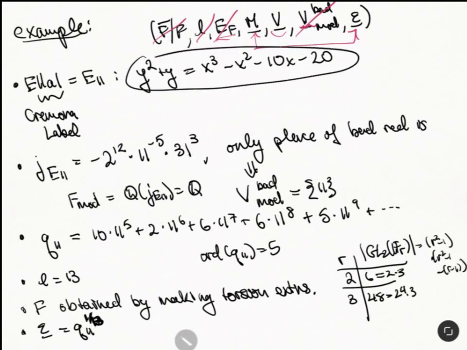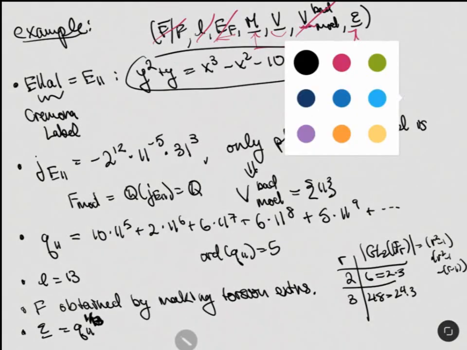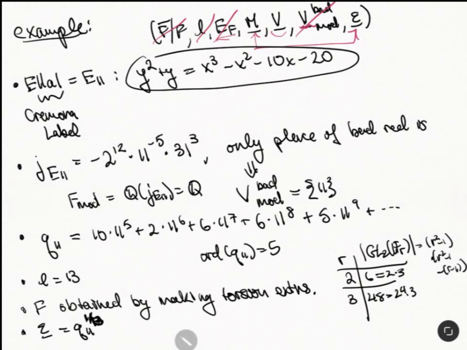Okay, and some of the cases that we'll want to consider are the full case where we take all the primes of bad reduction. But two cases to think about are when F mod is Galois. That's a nice case. And the other nice case is when this thing is a single prime, like we're doing right now, V bad mod.